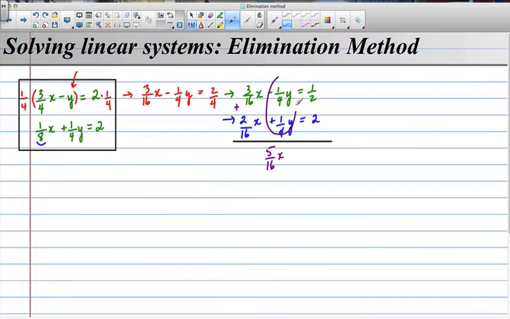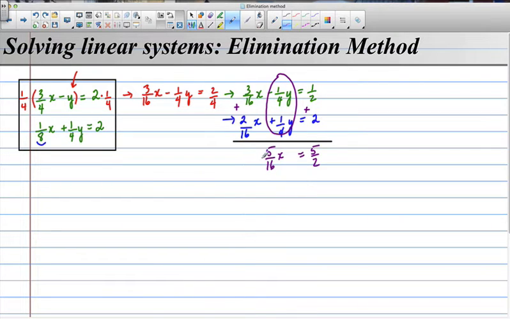Here's our zero pair. Equals 1/2 plus 2, which is like 1/2 plus 4/2, which is 5/2. Or 1/2 plus 2 is 2.5, which converts to 5/2.